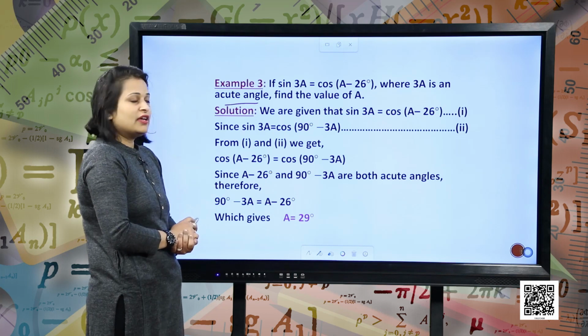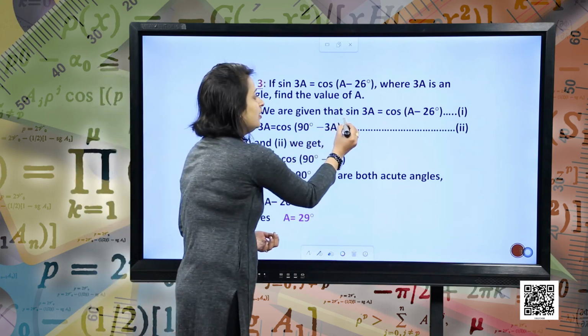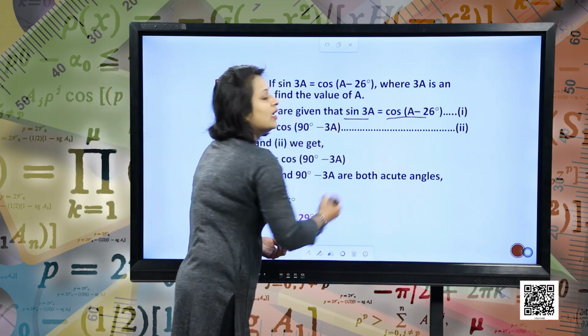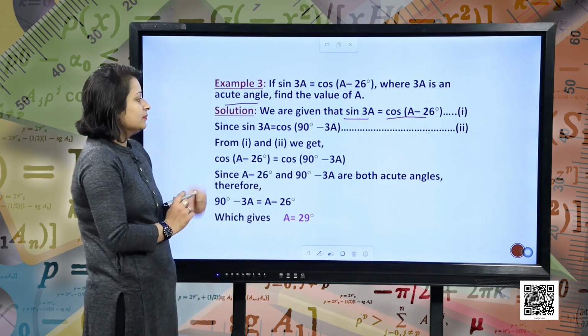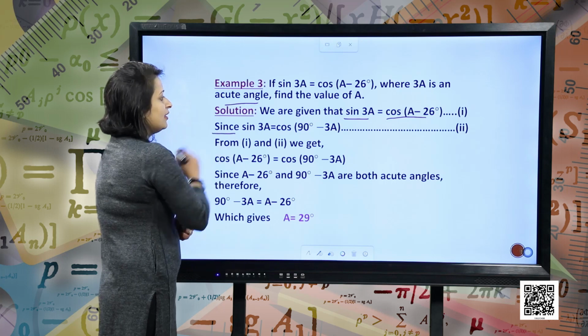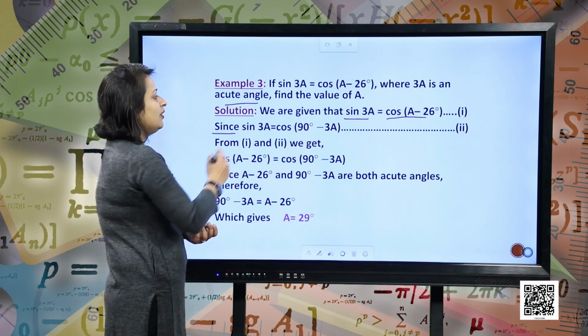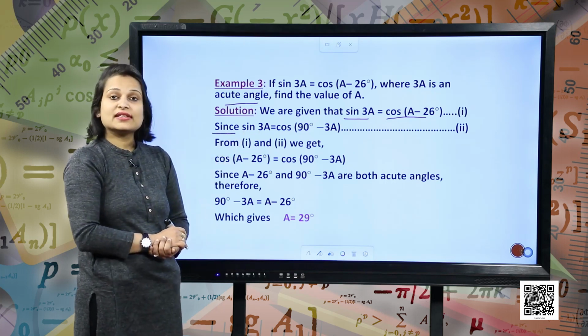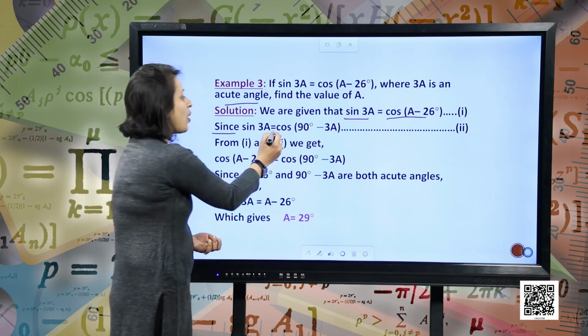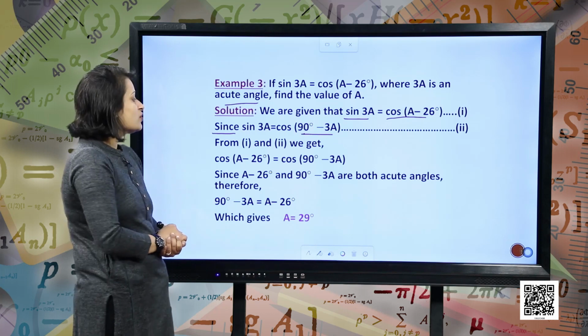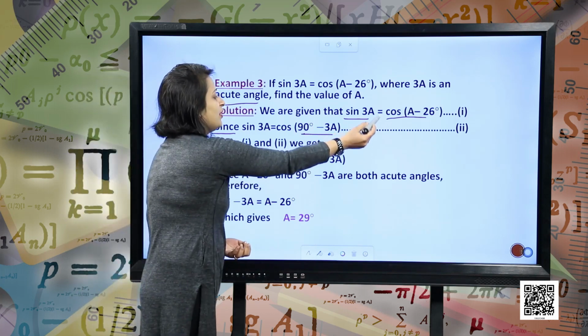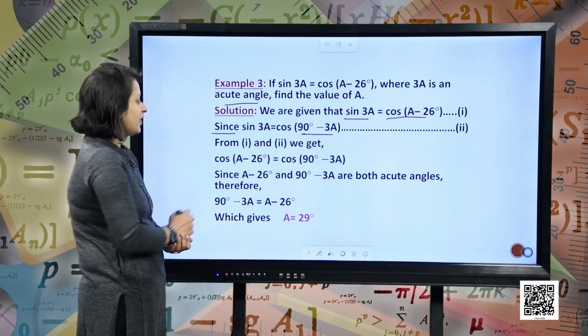Now we are given that sine of 3A is equal to cos of A minus 26 degree, and we know that sine 3A is equal to what? We can write sine 3A as cos of 90 degree minus 3A. So from these two equations, what will we get?